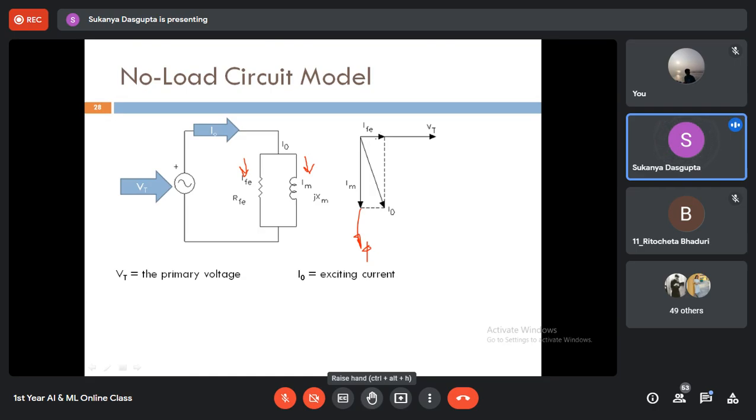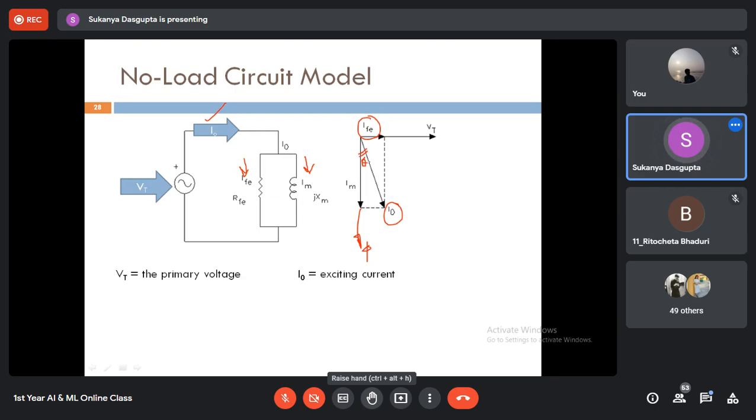And the resultant current is I0, which is called the no load current, the resultant of these two currents. This current Im is very, very large compared to IFE. Considering this loss is very, very small, we'll consider IFE to be very, very small compared to Im. So this angle must be very, very small.